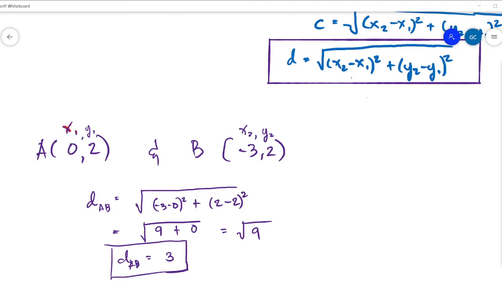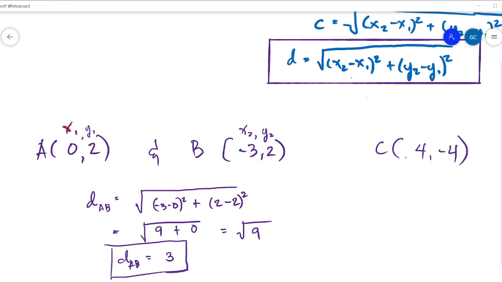Alright. So you can try solving different problems here by simply adding another point, say point C, which is located at 4, negative 4.